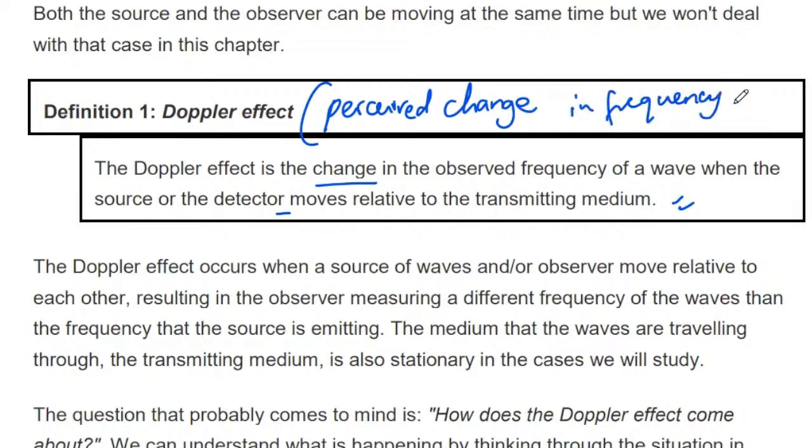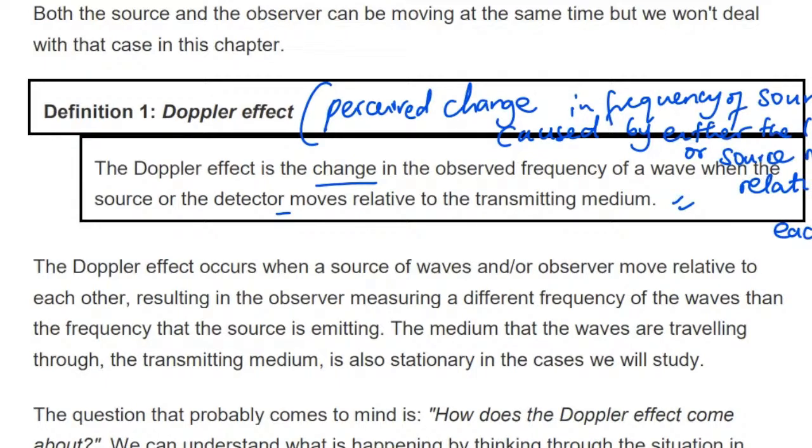An apparent change in the frequency of sound that is caused by either the listener or the source moving relative to each other.